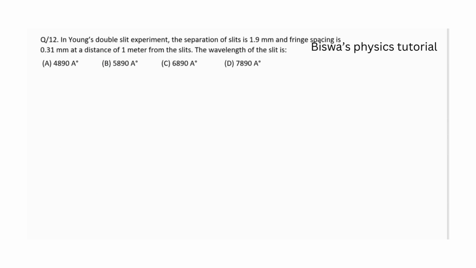So the next question is question number 12. In Young's double slit experiment, the separation between the slits, which we denote as small d, is given as 1.9 millimeter. Millimeter means if you convert into SI unit, it's 10 to the power minus 3 meter.